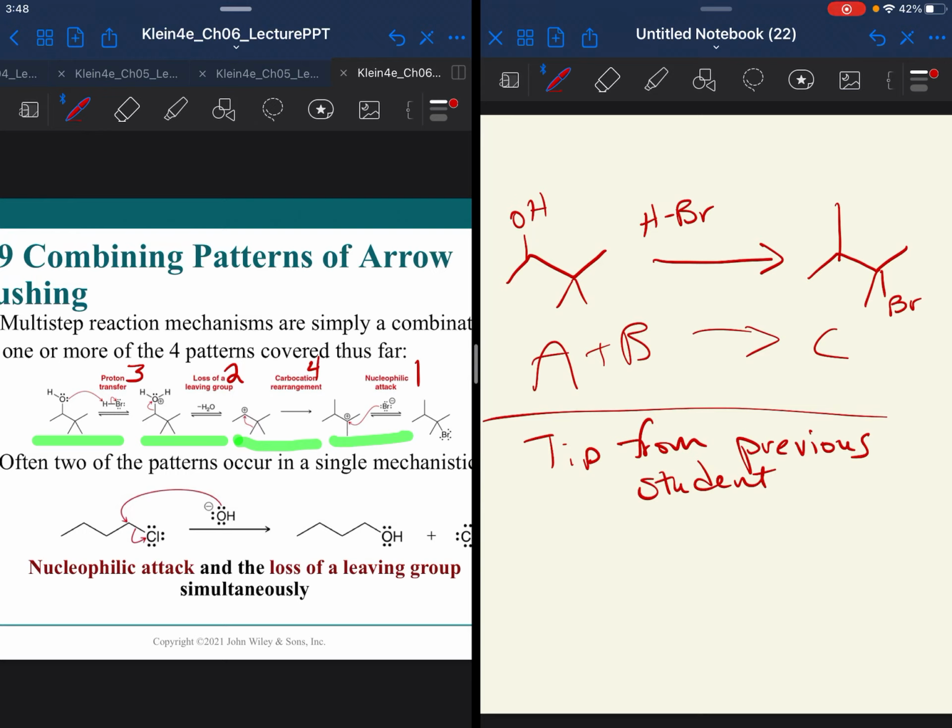And so when she had this list in her head, each step had a number. So when she came to this reaction of this alcohol making this bromide, she knew that her mechanism was a 3-2-4-1. So maybe she wasn't able to remember exactly what happened and memorize this picture, but she was able to memorize the pattern numbers.